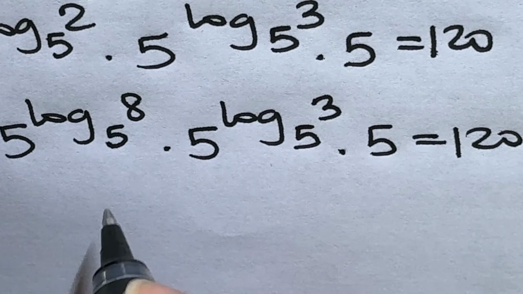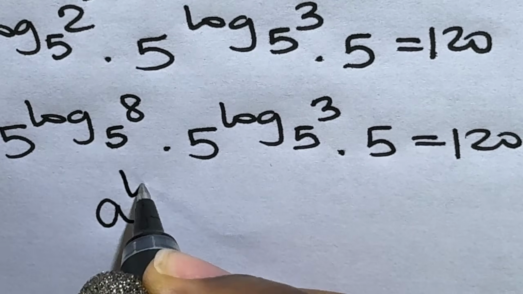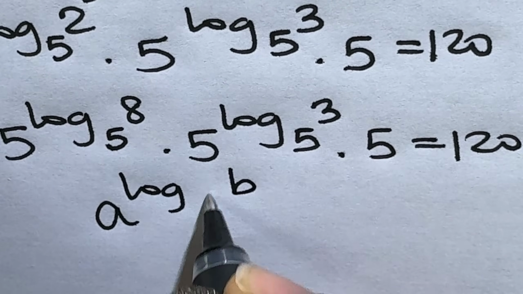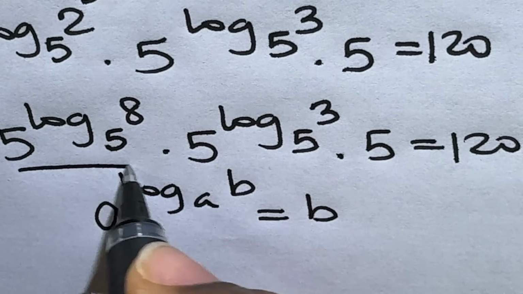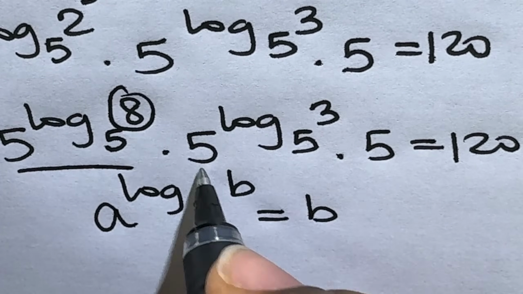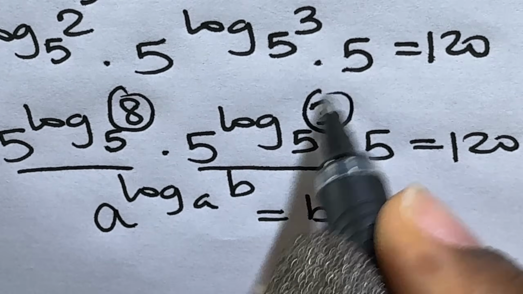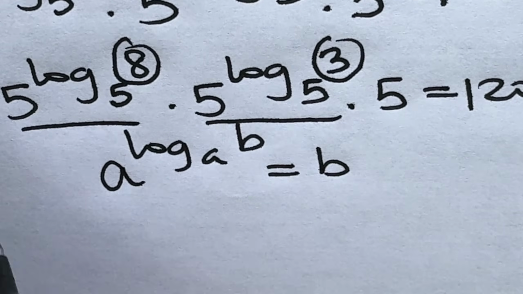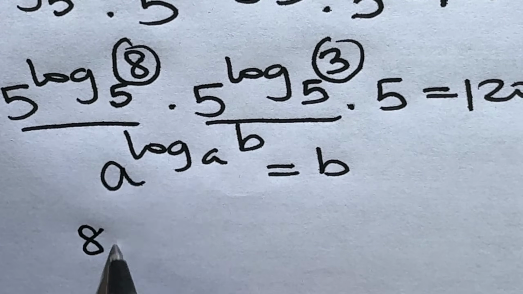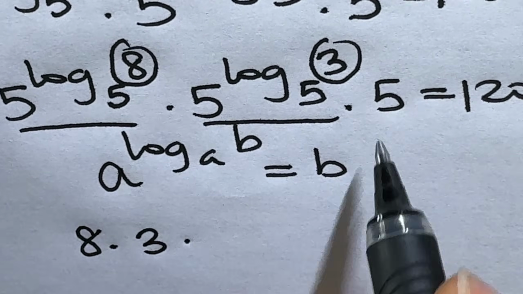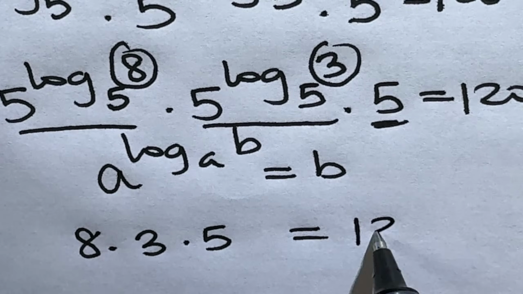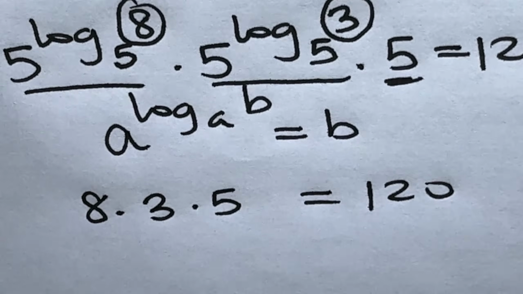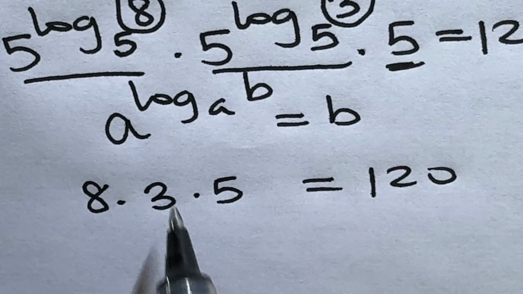By law of logarithm, a raised to power log b base a will always give us b. So this expression will give us 8, and this expression will give us 3. Therefore, we have 8 times 3 and then times 5 is equal to 120. 8 times 3 here is 24.